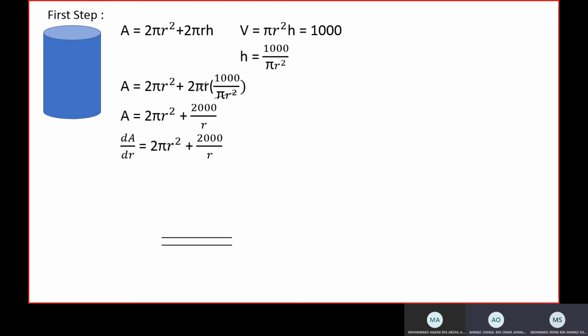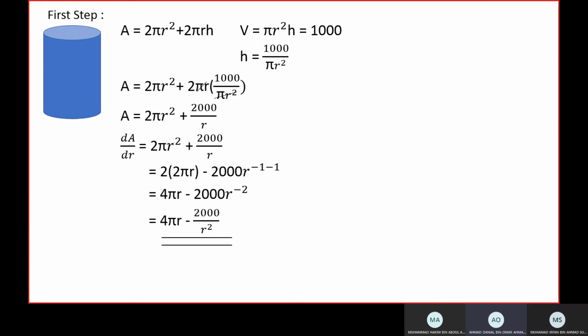We get 2 pi r squared plus 2000 over r. From it we differentiate A, and we get 4 pi r minus 2000 over r squared.